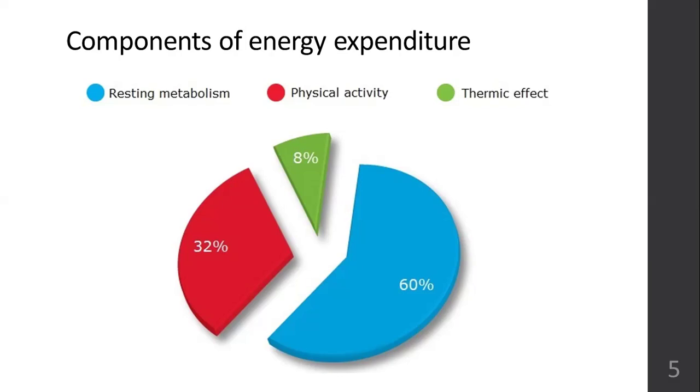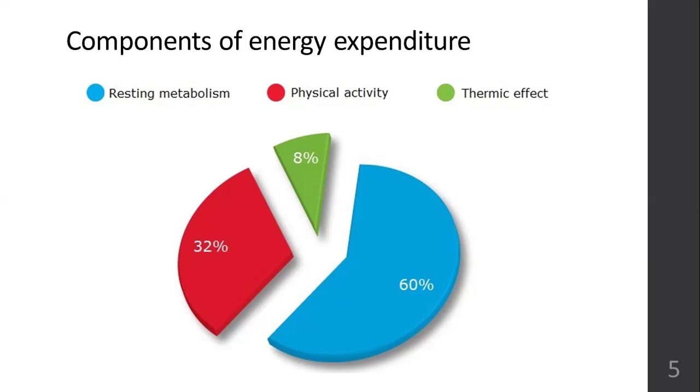Then 8% of the energy is lost in the thermic effect of food. As I mentioned, to break down certain foods, you need extra energy. For example, carbohydrates and protein. What do you think has more thermic effect? Carbohydrates or proteins?